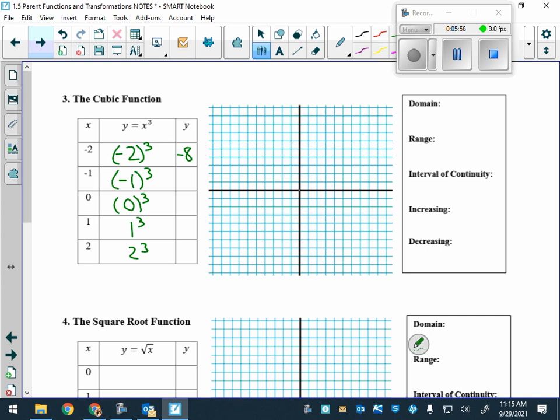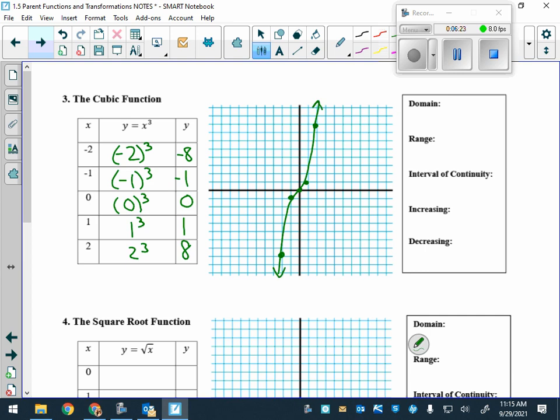How about -1? Yeah, Tor. Good. 0, 1, and then 8. Good. Okay. So this is what it looks like.